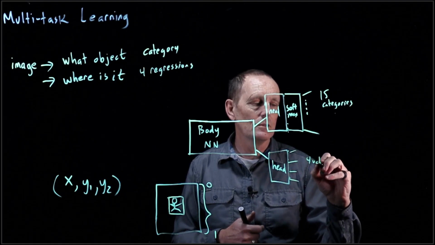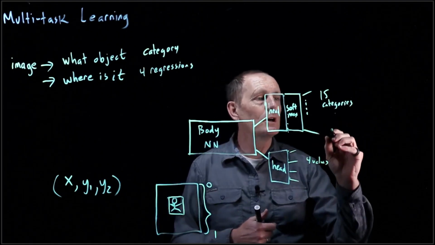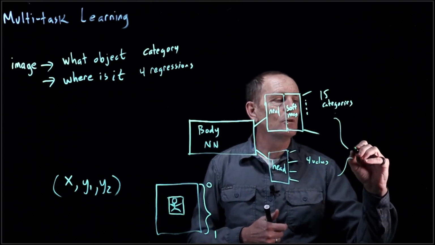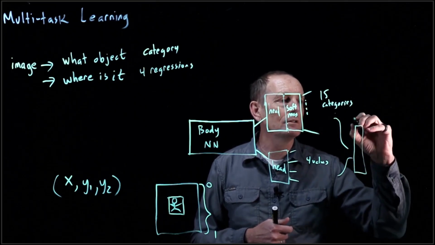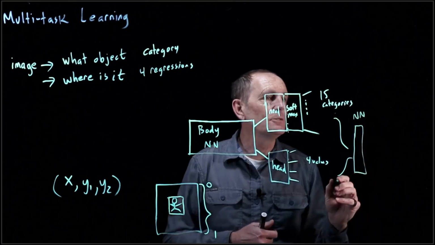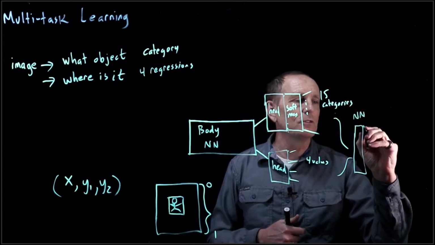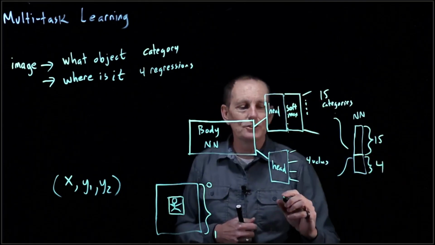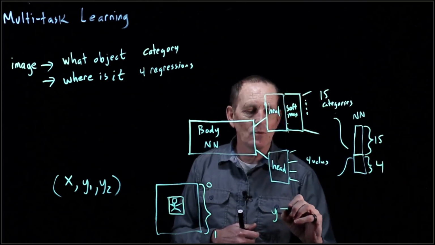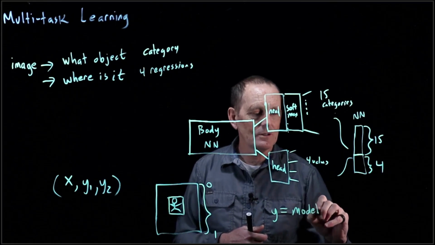We can actually merge these together. So the final output, the last layer of our neural network, is really 15 categories plus 4 values. And what that allows us to do is actually say something, y equals model of x.